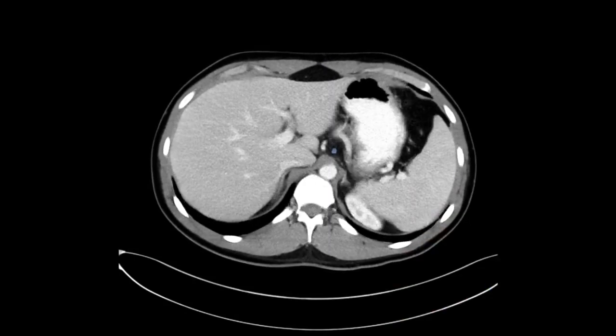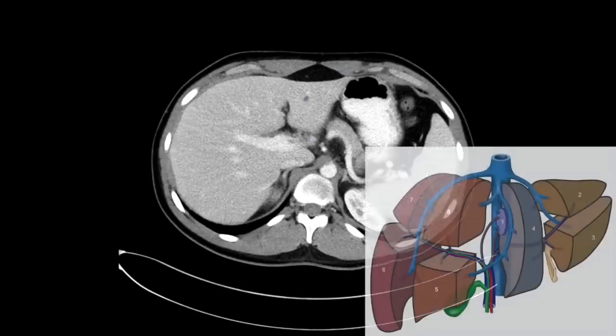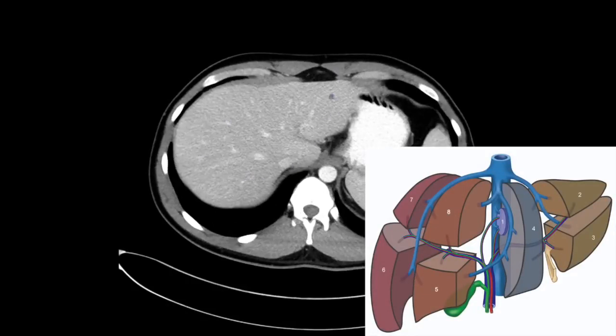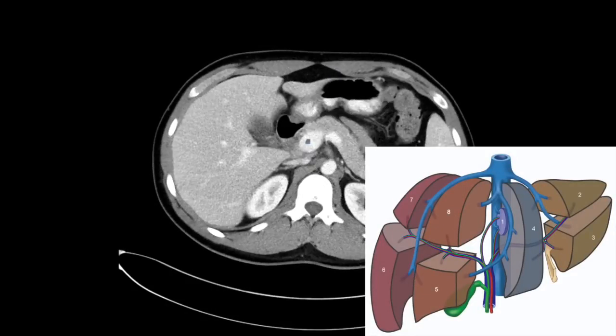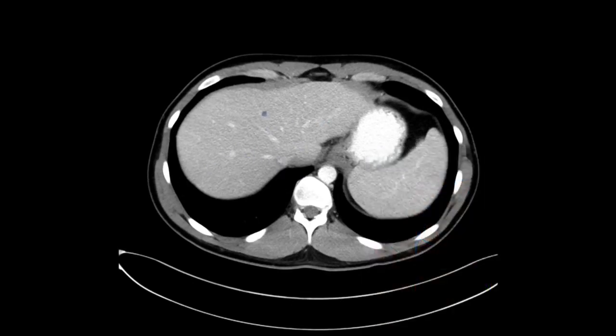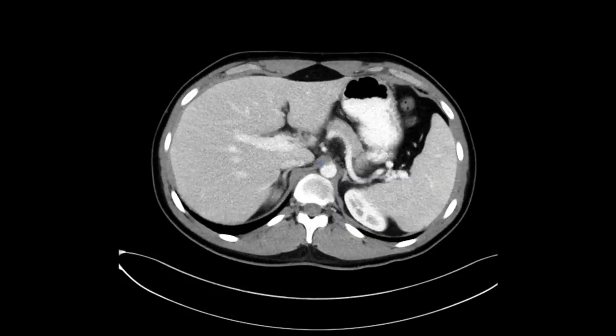The portal vein, where the left portal vein is and where the right portal vein is, splits the liver in half: superior to the portal vein up here, and the inferior half that's inferior to the portal vein. So if we split the liver into 4 pieces based on the hepatic veins, and then into 2 halves, the superior and inferior half based on the portal vein, we have a total of 8 segments.